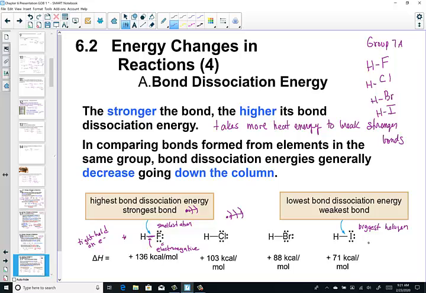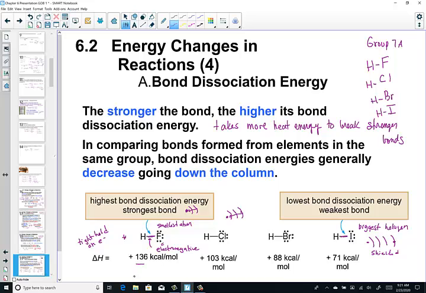And by the time you get out here to iodine, you have 5 valence shells, and the protons are very shielded by those outer electrons. And so therefore, this bond between HI is not as tight and it's easier to break. The smaller the atom, the more electronegative the atom, the stronger the bond. The bigger the atom, the less electronegative the atom, the weaker the bond.